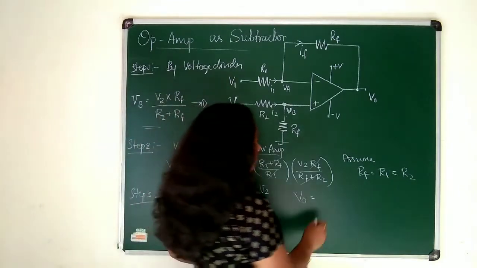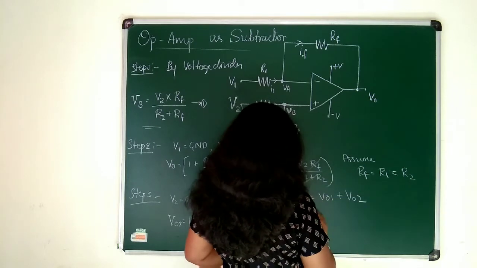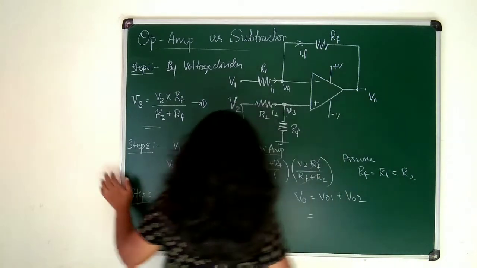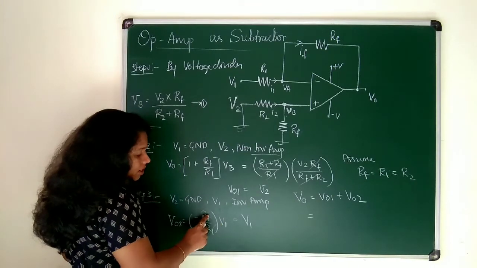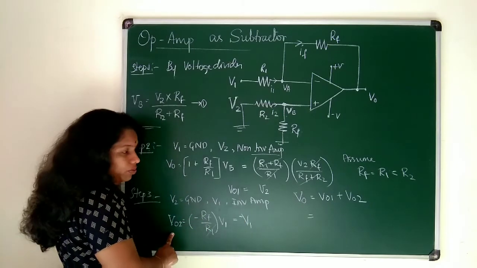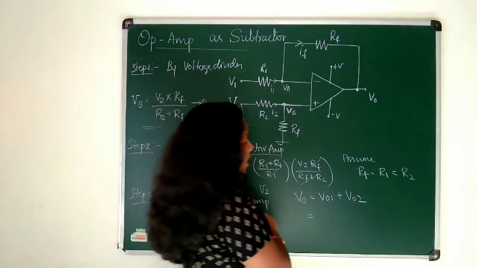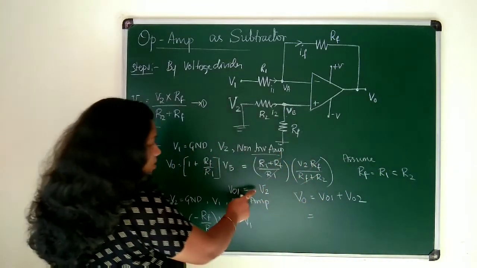So I will combine VO is equal to VO1 plus VO2. VO2 is nothing but minus RF by R1 into V1. With RF equal to R1, these two cancel and you will be getting minus V1 as the output here, right? So now you just add VO1. What is VO1? VO1 is nothing but your V2.